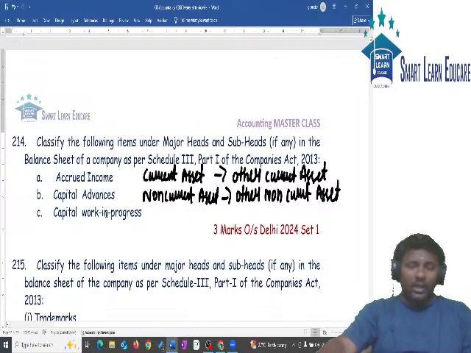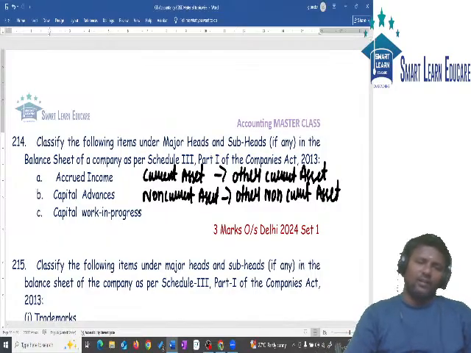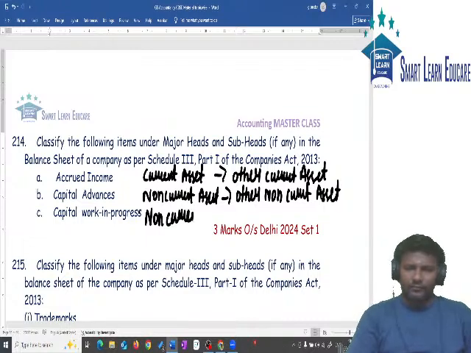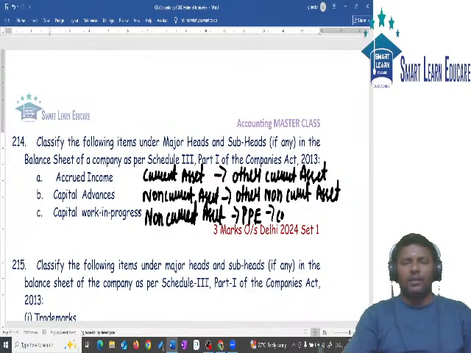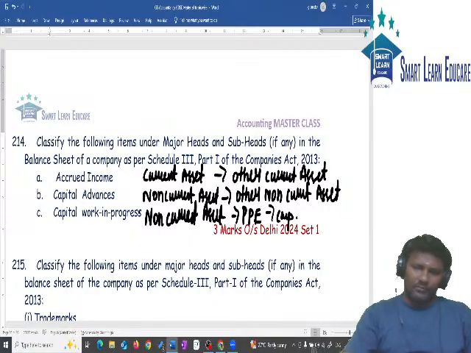Capital work in progress. Not just work in progress. Capital work in progress, I said it with stress. It will come under asset, non-current asset. In non-current asset, under the heading PPE, this capital work in progress will come.